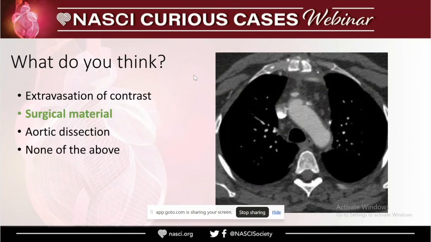Okay, so that is for sure surgical material, and I don't know if you noticed, but it's probably those things. So you're seeing some hyperdense things, and honestly, it's so difficult to differentiate it from real contrast. And the person who read this can actually call it extravasation of contrast.